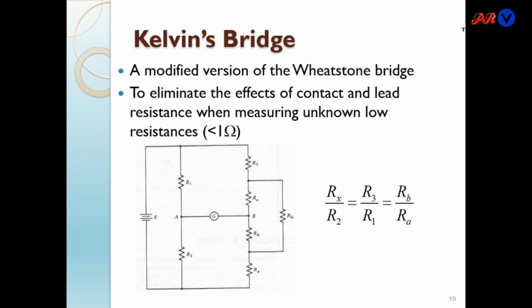So how can we find the accurate value of resistance by using this bridge? Here the condition for balance is that Rx by R2 and R3 by R1 must be equal to RB by RA.